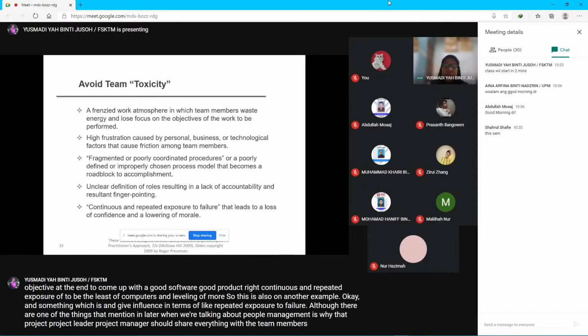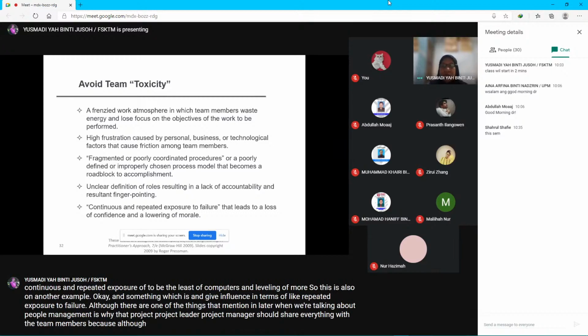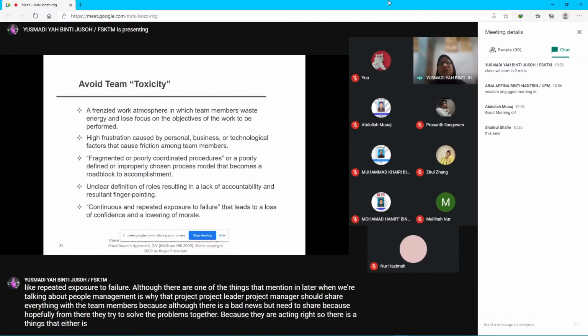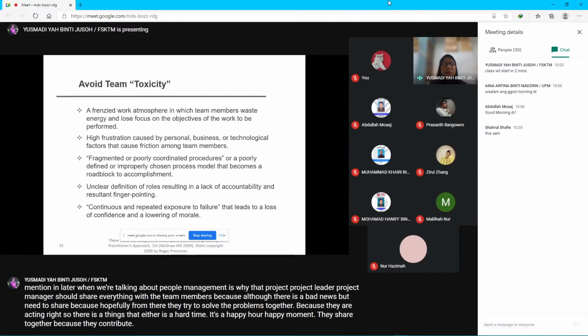Although there is bad news, they need to share, because hopefully from there they try to solve the problems together, because they are a team. Whether it's a hard time or a happy moment, they share together, because it contributes to the sense of belonging to the project.